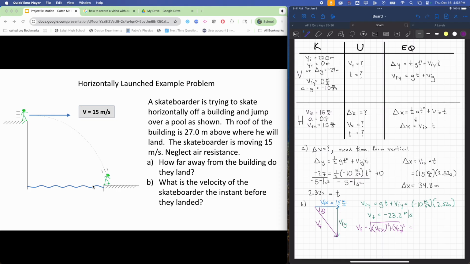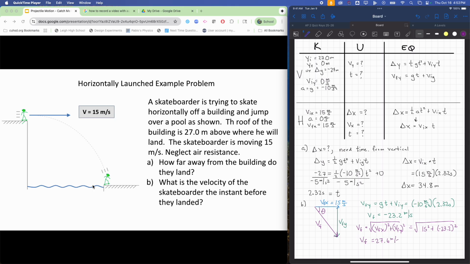Okay, so now I'm just going to plug in my numbers. Square root of 15 squared plus negative 23.2 squared. So I'm just going to plug those into my calculator. 15 squared plus 23.2 squared. I'm going to take the square root of 763.24. And the answer is 27.6.